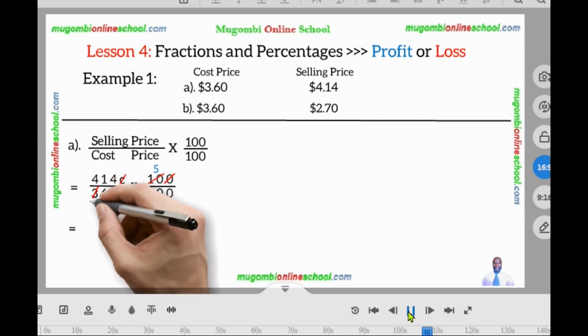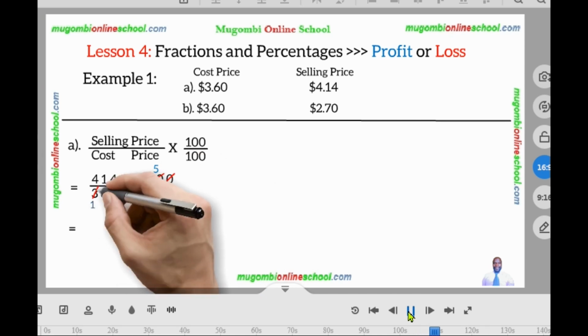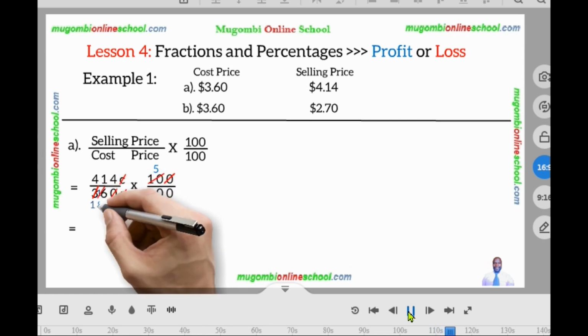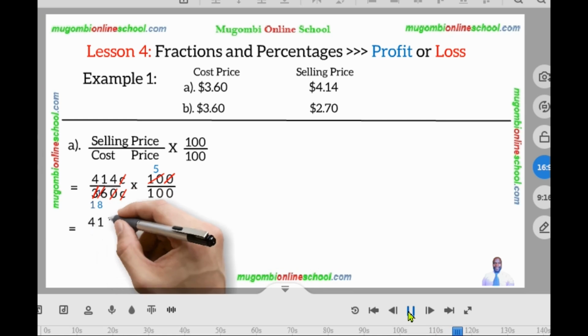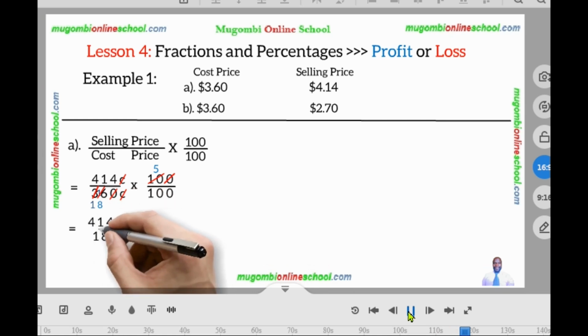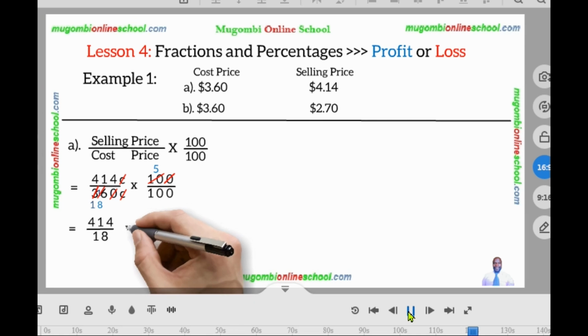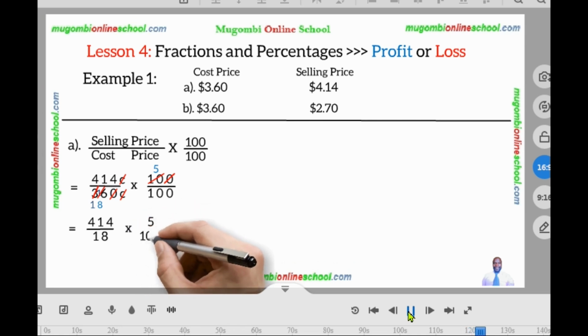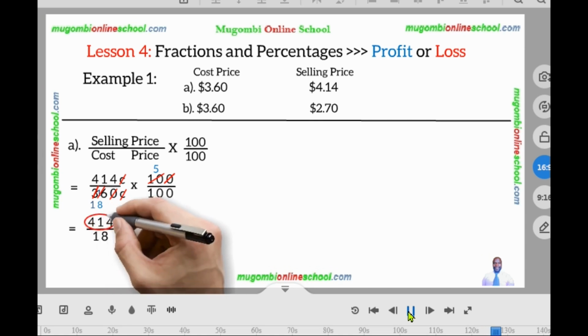And then 2 into 3, that's 1, remainder 1. Then 2 into 16 will give us 8. So with our objective of maintaining neatness, we write it on a separate line, 414 over 18 times 5 over 100, and then we continue dividing.